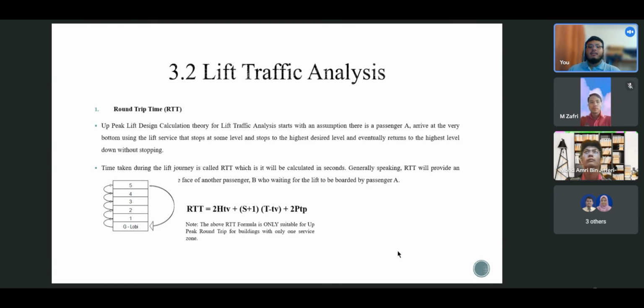The time taken during the lift journey is called RTT, which is calculated in seconds. Generally speaking, RTT will provide a phase of another passenger, B, who is waiting for the lift to be boarded by passenger A.